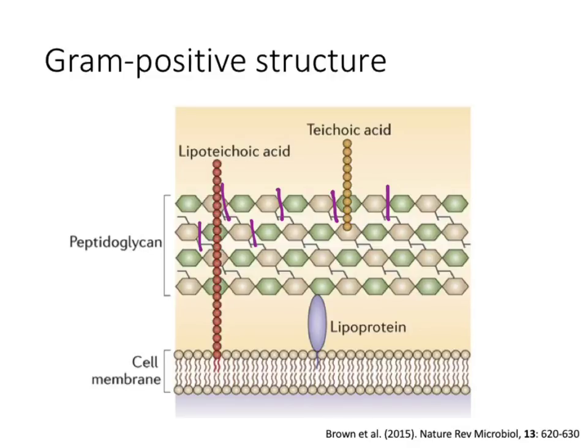Now, if the cell's in a hypotonic solution, what happens to the cell at that point? It bursts. The cell wall becomes so weak that it can't repress that turgor pressure that's being built up inside of the cell. Okay, and when that happens, then the cell ends up exploding.